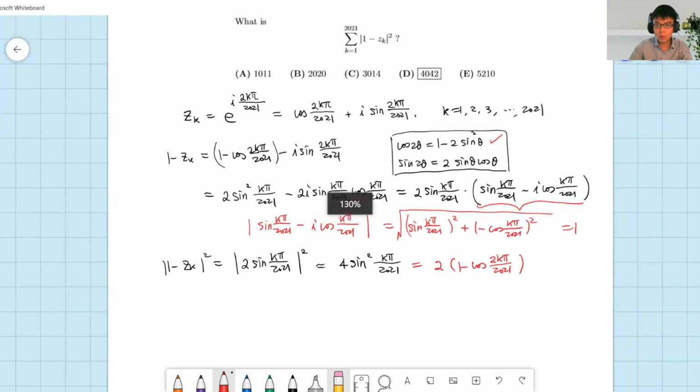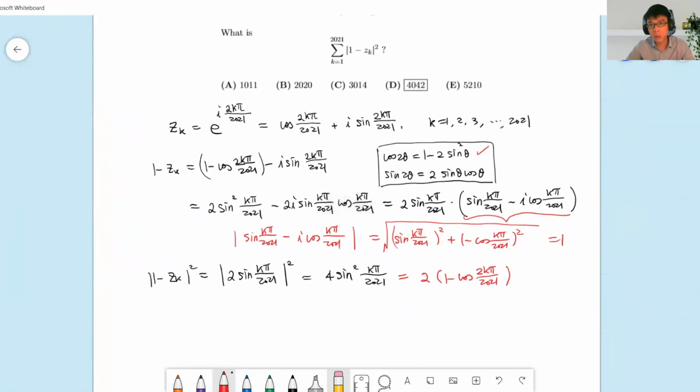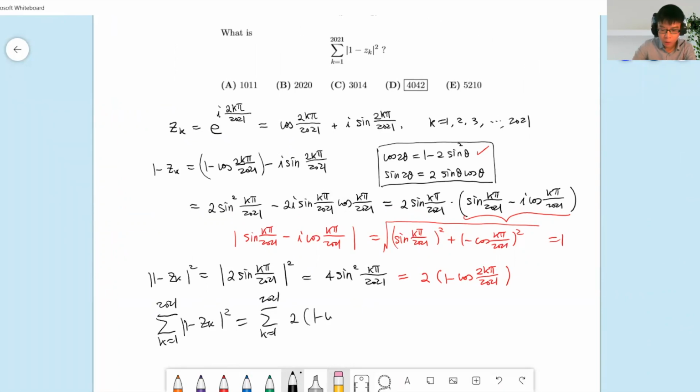Right, next, let's do summation. In the question, we just sum up these 2021 terms. So if we do summation, from 1 to 2021, the modulus of 1 minus zk squared is equivalent to summation from 1 to 2021 of twice 1 minus cosine 2k pi over 2021.